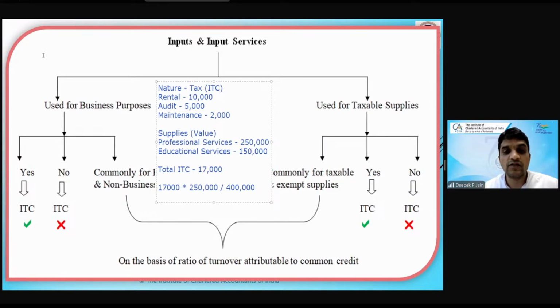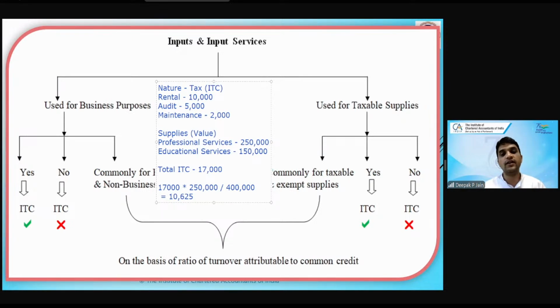So out of 17,000, you can claim credit of 10,625. Okay. So out of the total credit of 17,000, you cannot claim the full credit.